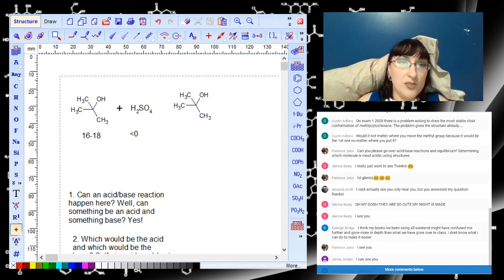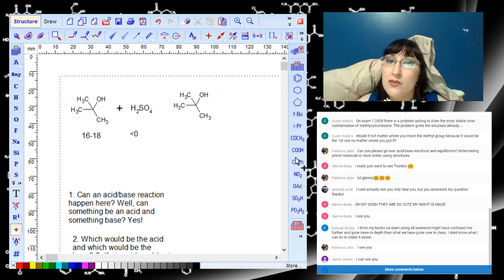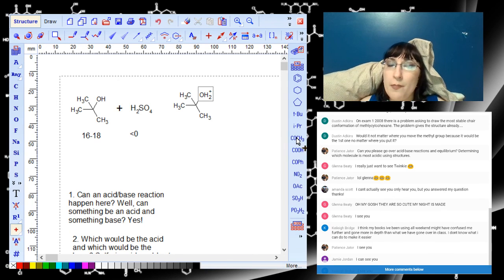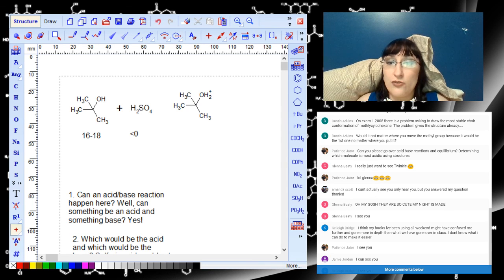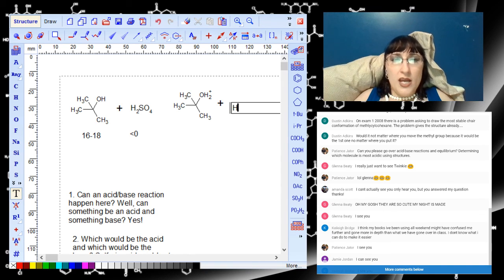And a base is a proton acceptor. So if my sulfuric acid acts as my acid and my alcohol acts as my base, then I would have to have an OH2 plus on the other side because it gets protonated. And then I would also have the remnants of the sulfate, so HSO4 minus.